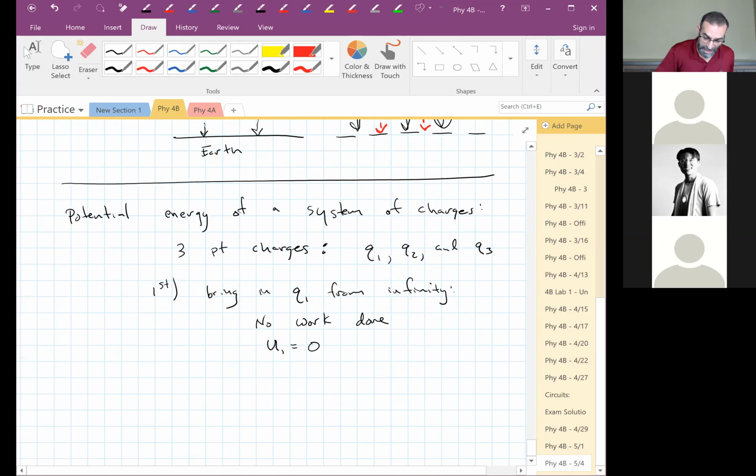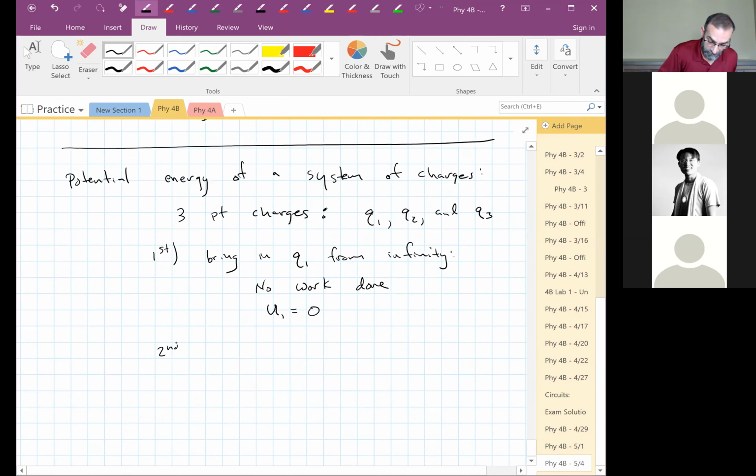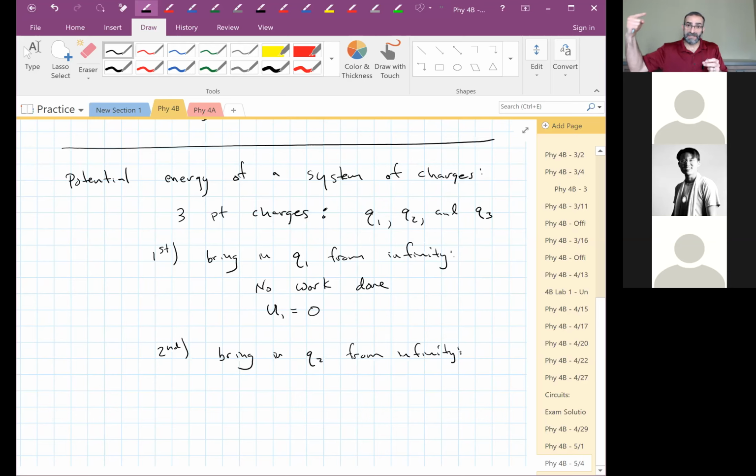Now we bring in the second one. Now Q1 is there, right? So there's some interaction. As we bring in Q2, it's interacting with Q1. If they're like charges, they repel each other. We have to do some positive work, external work, bringing it in, right?